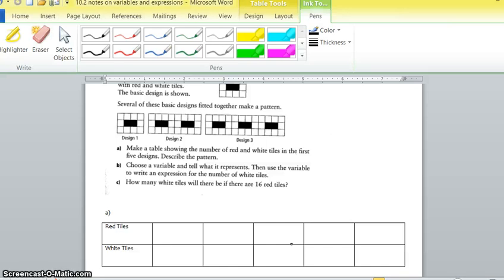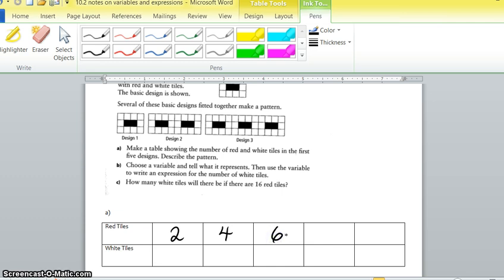So the number of red tiles, actually technically it's the number of black tiles that you see, because my diagram is not colored. So we're going to go with the number of red tiles. So I see in design 1 we've got 2 red tiles, or 2 black tiles. In design 2, we've got 4 black tiles. In design 3, we've got 6 black tiles.